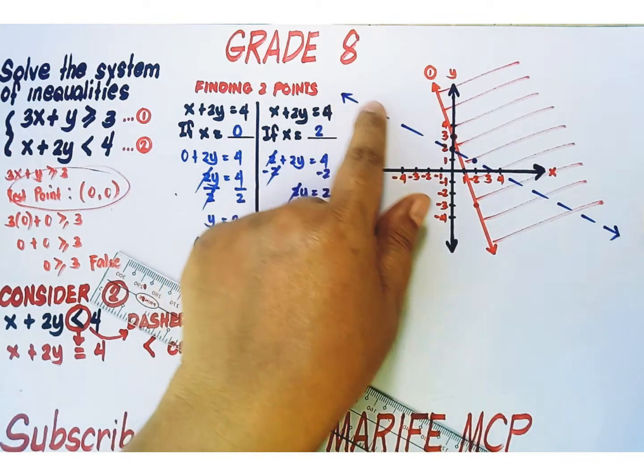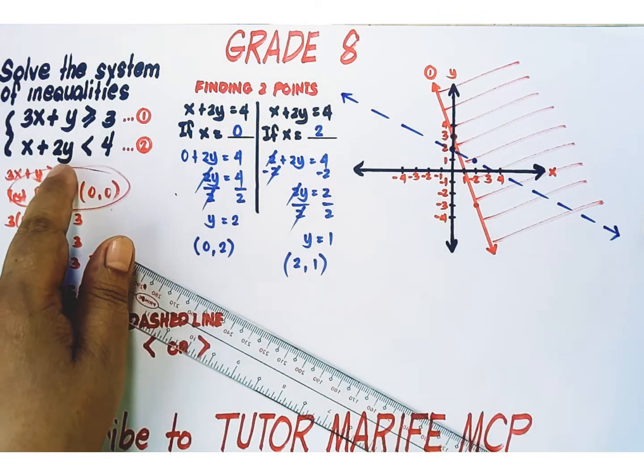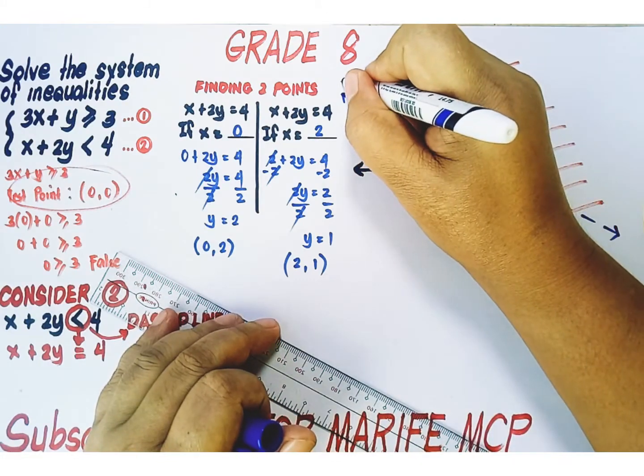This is the dashed boundary line of the second inequality in the system.